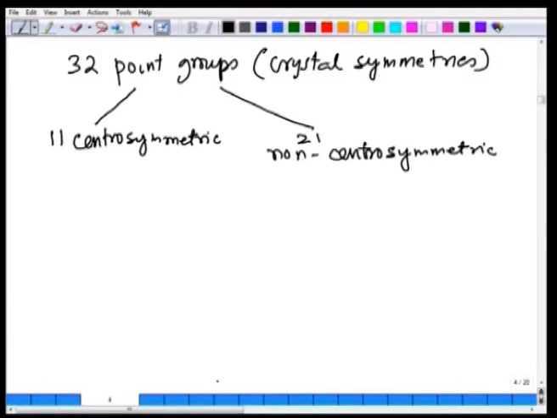Out of these, at least 20 have one or more polar axes, and these materials are piezoelectrics.